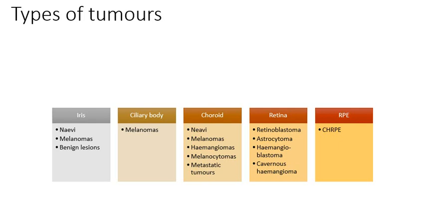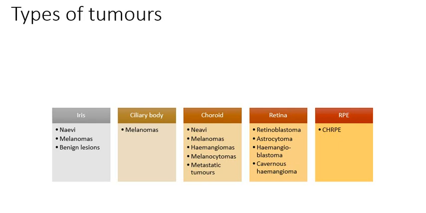So in this presentation, I'm going to tell you about those tumours that you are most likely to see clinically, and the presentation will be ordered according to the tumour type, irrespective of where it occurs, in what structure.